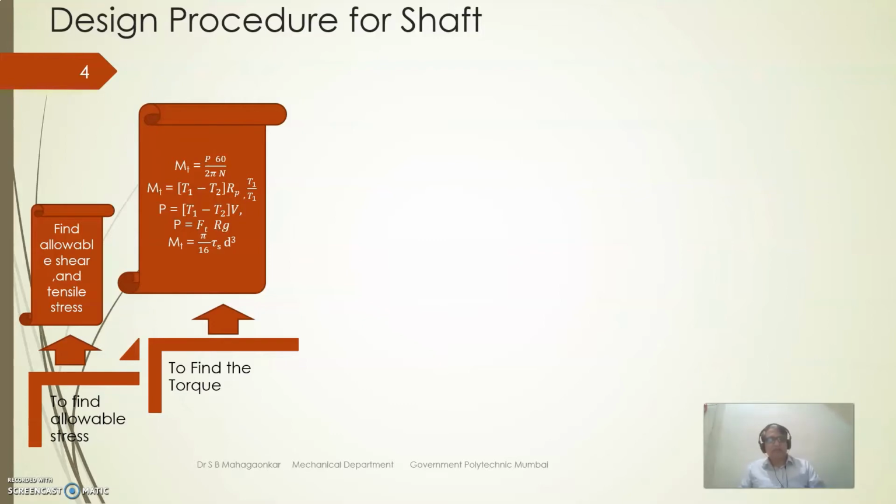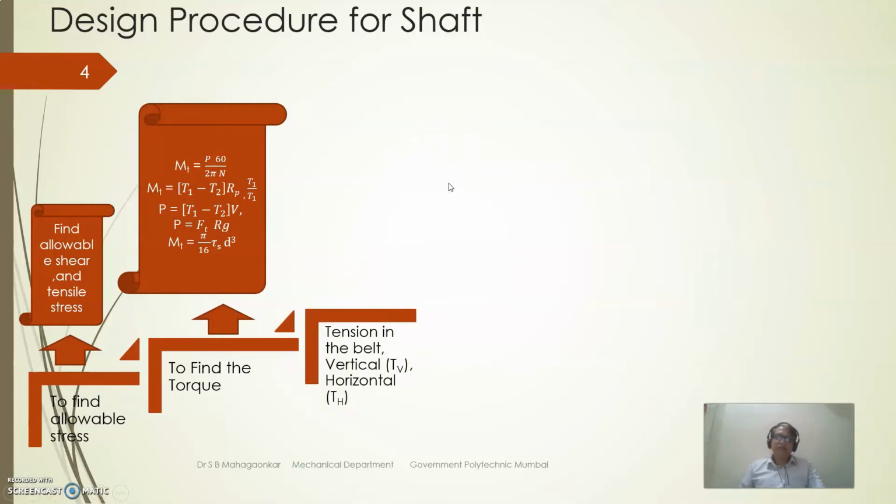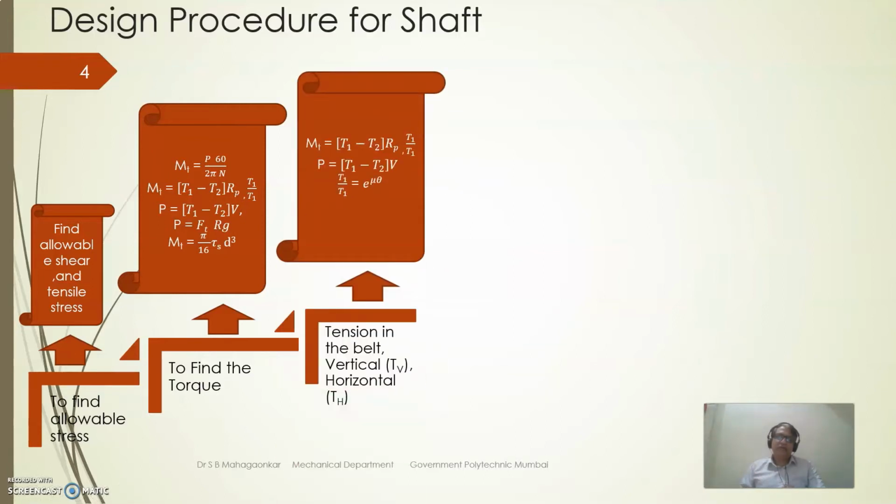If they give the diameter and allowable shear stress, I can find the torque by using pi by 16 into tau s into d cubed. So these are the ways of finding the torque. And after this, we go for the moment diagram. For the moment diagram, I should know the vertical loads and horizontal loads.